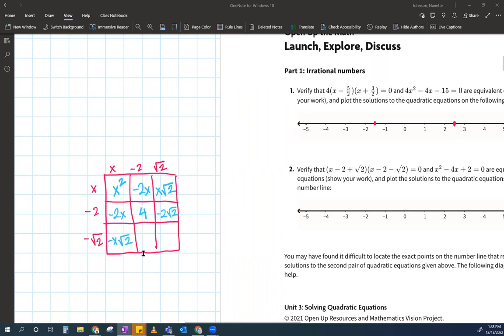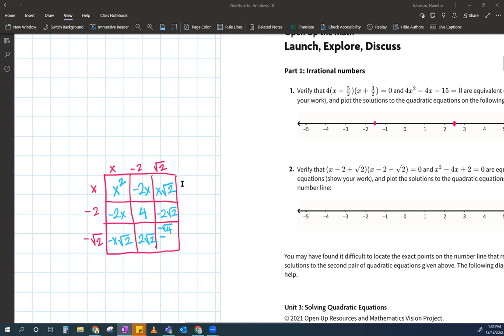Okay, so that's going to be +2 √2. And then negative times positive is a negative. √2 times √2 is, wait, so it's √4. What's the square root of 4?